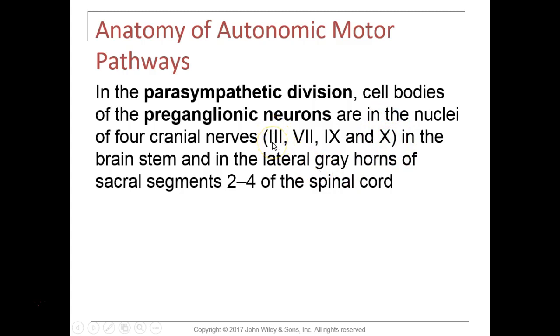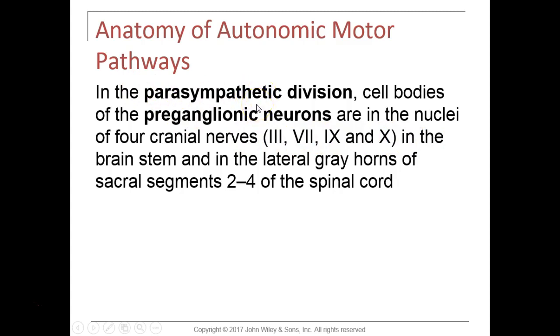So the nuclei in the brainstem contain preganglionic neuron cell bodies of the parasympathetic nervous system. So some preganglionic neurons from the parasympathetic nervous system leave the brain in those 4 cranial nerves. That would be the motor output for some of the parasympathetic division.